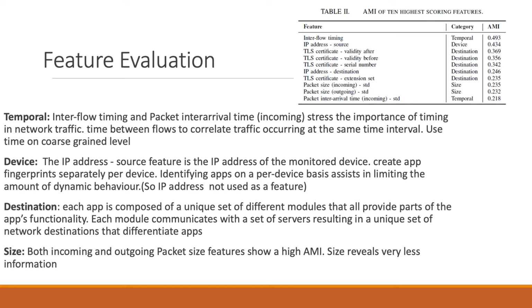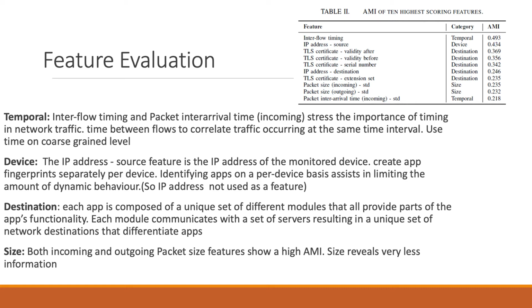Because the destination related features can be unique, they even leverage the temporal characteristics. And if you look at the table, none of the AMI values are even near 1. So that is why they have to use a combination of values for feature extraction. So interflow timing and packet interarrival time are some of the important features which are used.